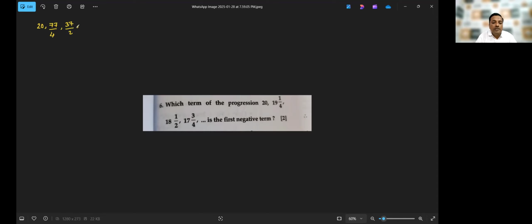Then 17 3/4 means 68 and 3, 71 by 4. And so on. So which term of this progression is given, and we have to find out which is the first negative term. We have no other clue given, but we have a, that is 20.